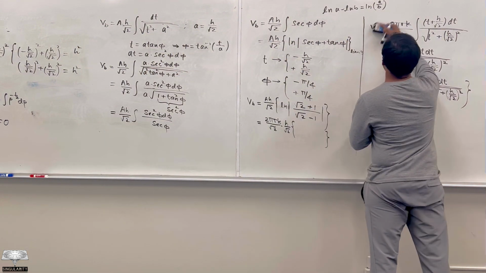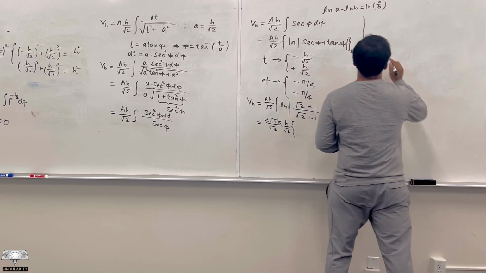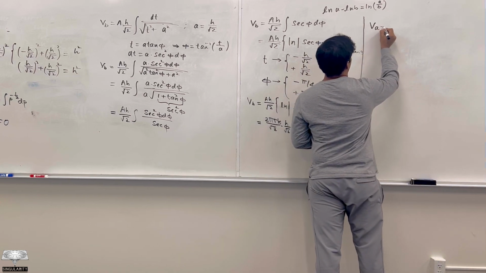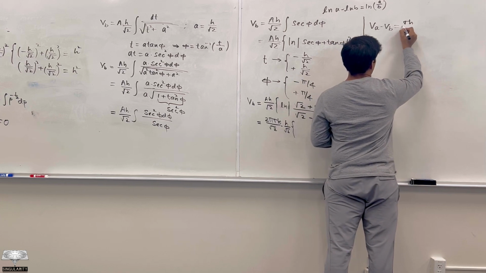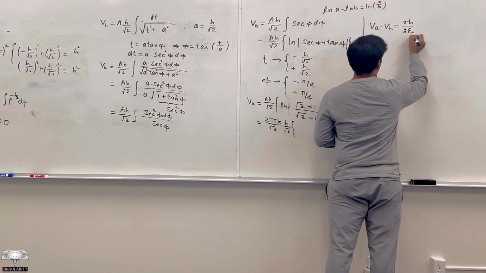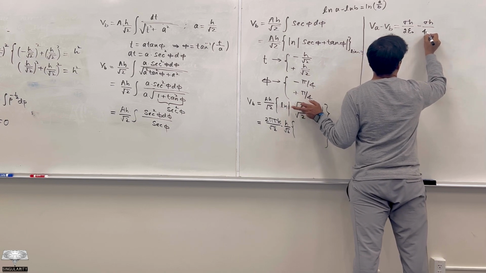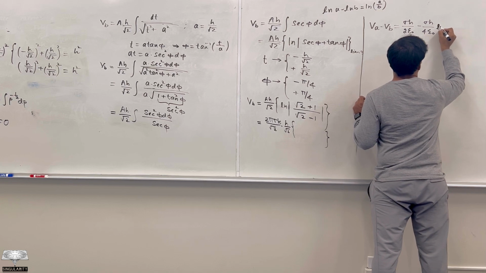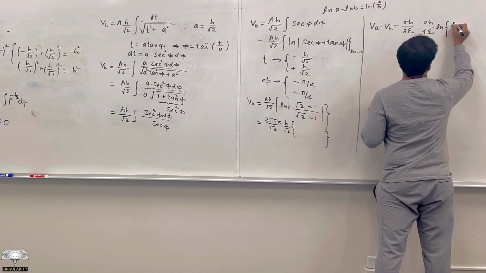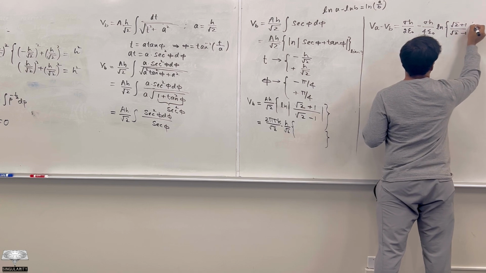We need the potential difference between these 2 points. So VA minus VB. VA was sigma h divided by 2 epsilon naught. This is sigma h divided by 4 epsilon naught into a factor of this natural log of square root 2 plus 1 divided by square root 2 minus 1.